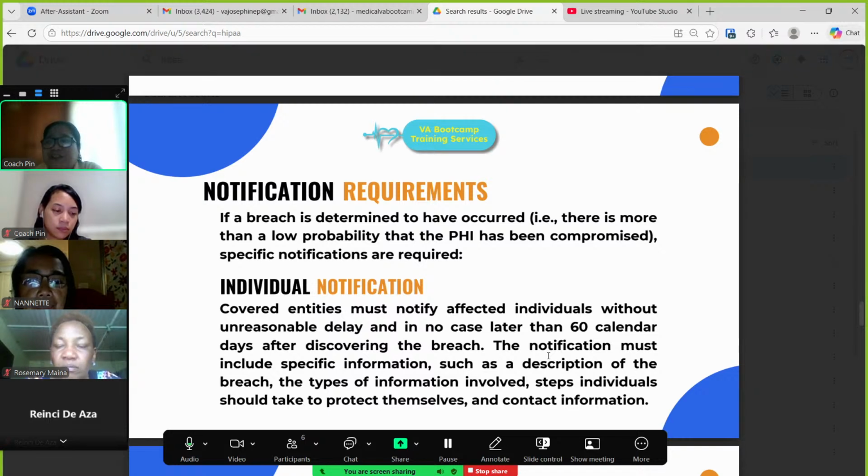So, notification requirements. If a breach is determined to have occurred, there is more than a low probability that the PHI has been compromised. And then individual notification. Covered entities must notify affected individuals without unreasonable delay and in no case later than 60 calendar days after discovering the breach.